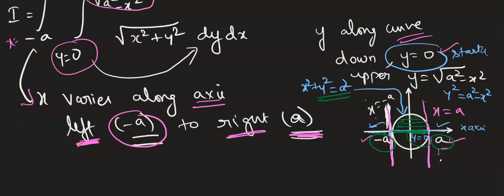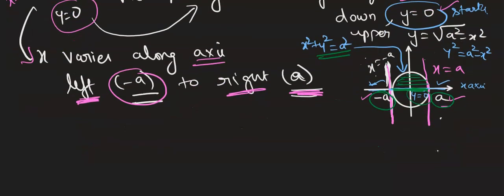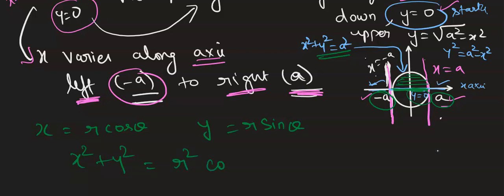Now I have to change it to polar coordinates. Always for changing to polar coordinates, use this set of formulas. X is r cos theta, y is r sin theta. Therefore, x square plus y square is r square cos square theta plus r square sin square theta. If you take r square common, cos square theta plus sin square theta is 1.